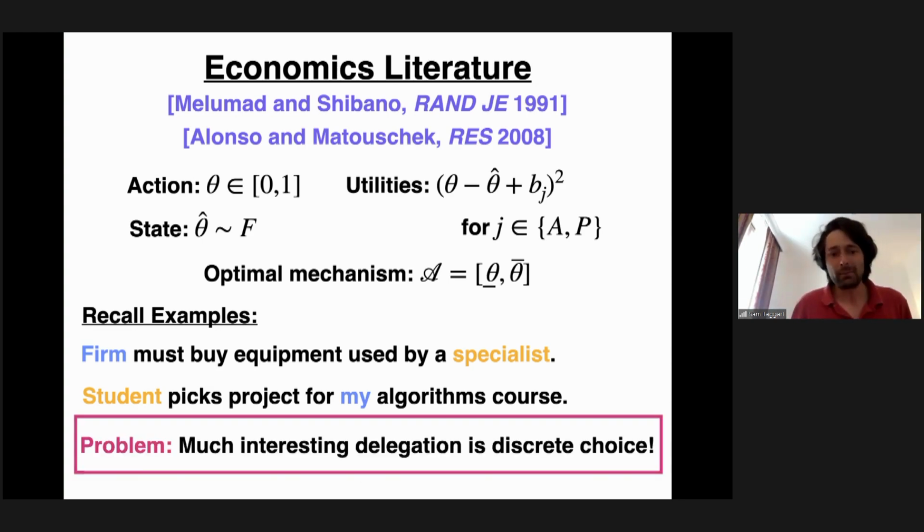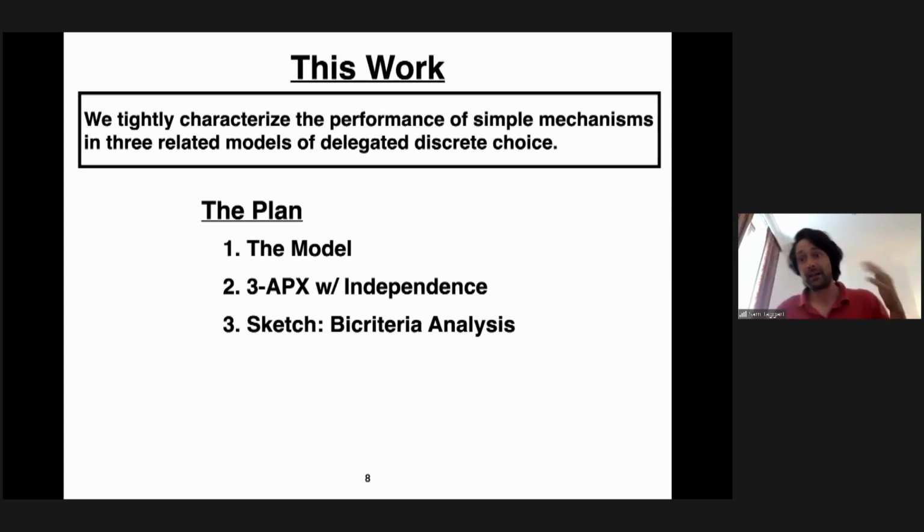So really the problem here is that a lot of these interesting delegation scenarios that you might want to think about are discrete choice problems where this single variable model really doesn't capture everything. So that's the goal of this work, is to write down a nice model for delegated discrete choice. And we analyze the power of simple mechanisms in this model, in three different versions of this model, and we give tight characterizations in each.